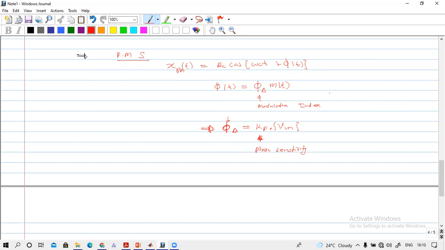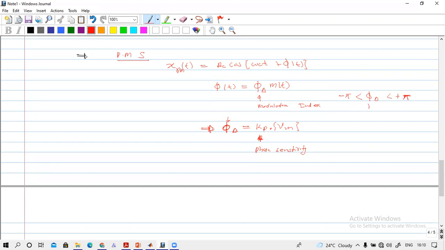You already know that this phi, the modulation index, should be within -pi to +pi.